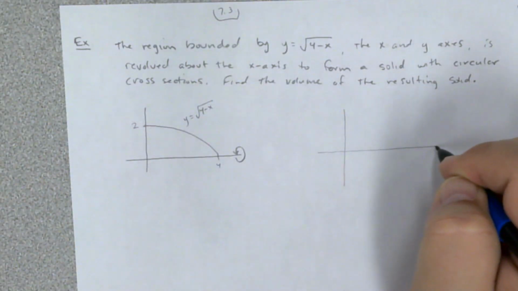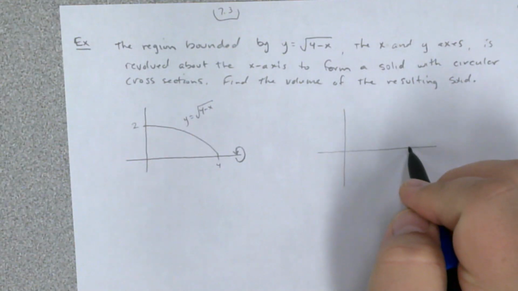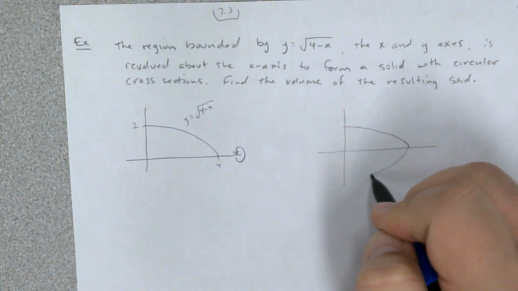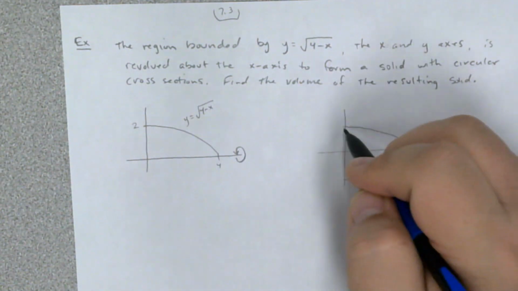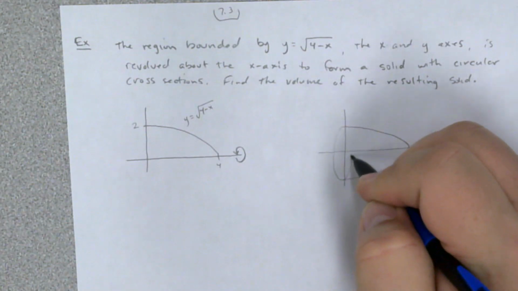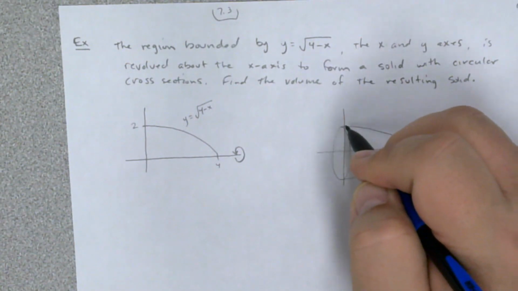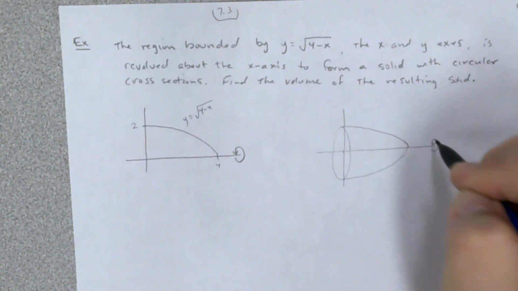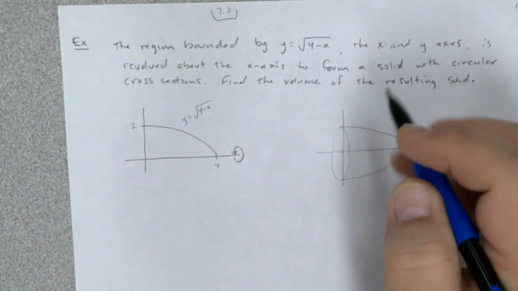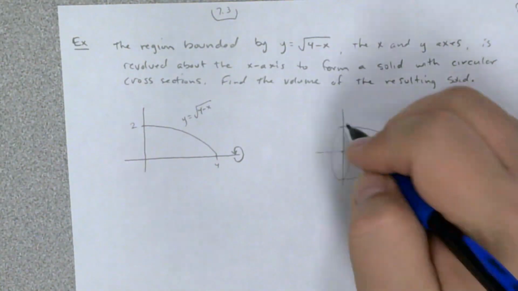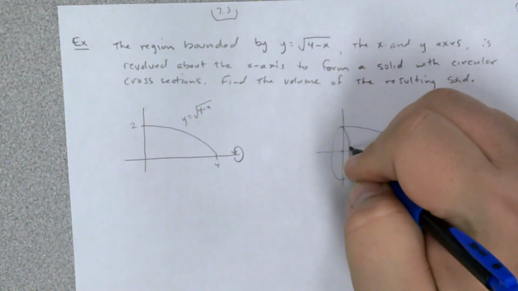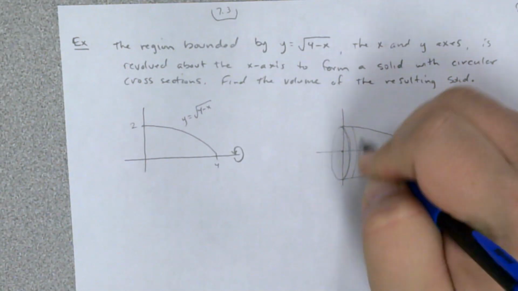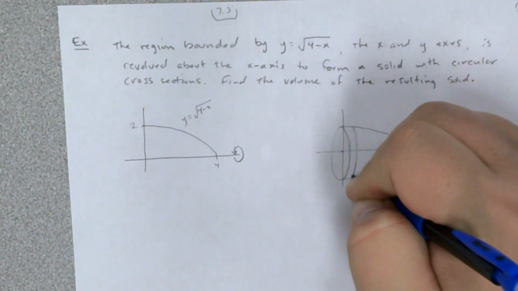The x-axis would be in the middle. This piece right here is what we had over here. There's another one that comes down here like this because we're revolving it around, and this will produce a circular shape here. This axis of revolution goes through the center of each cross shape, and these are all going to be little circular cross sections.